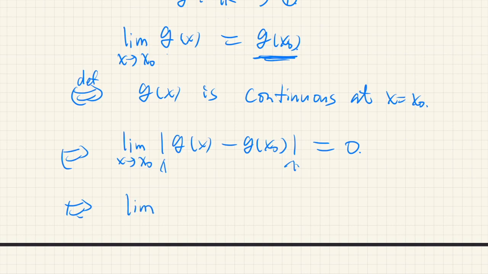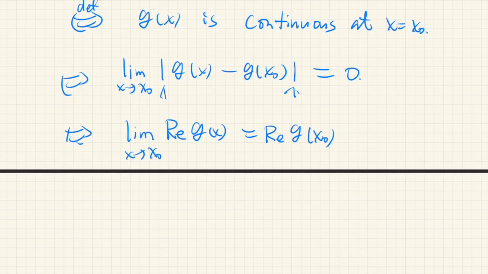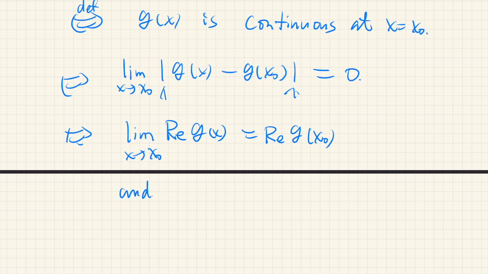So what this means is both the real part of g, which is a real valued function, converges to the real part of g of x0, and at the same time, limit x goes to x0 of the imaginary part of g of x converges to the imaginary part of g of x0.